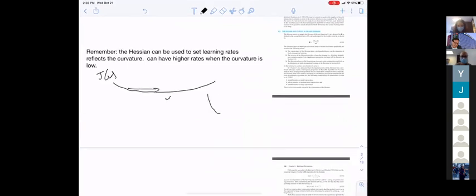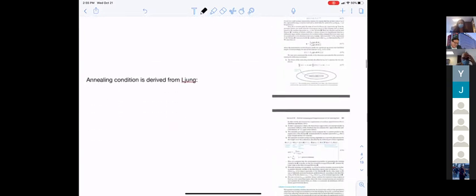But if the curvature is very high with respect to W, then you don't want to move so fast, because if you do, you'll just overshoot. Okay. So in other words, the lower the curvature, the faster you can go. So you can set gamma to look like 1 over the Hessian in some way, or like Hessian inverse. You can set it to look like the Hessian. So you'll see that in a lot of places. This comes back when we look at the optimal brain damage or optimal brain surgery thing.